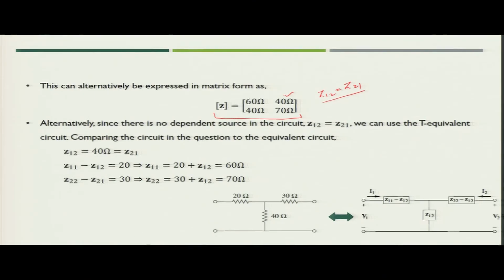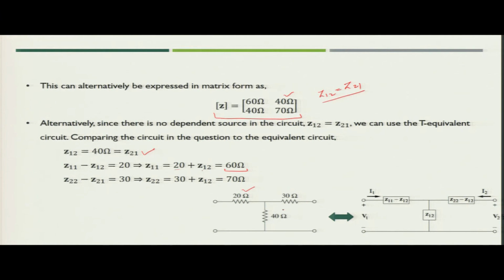If you compare these two circuits, you can say that Z11 minus Z12 is simply equal to 20 ohm and Z12 is 40 ohm. So, you will get Z12 equal to Z21 equal to 40 ohm, and then since Z11 minus Z12 is equal to 20 ohm, Z11 is nothing but 20 plus Z12. Z12 you know is 40 ohm, so you will get Z11 as 60 ohm.